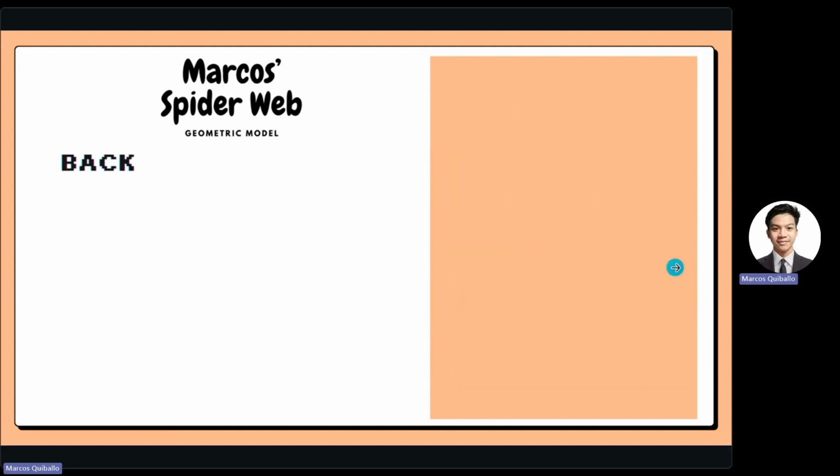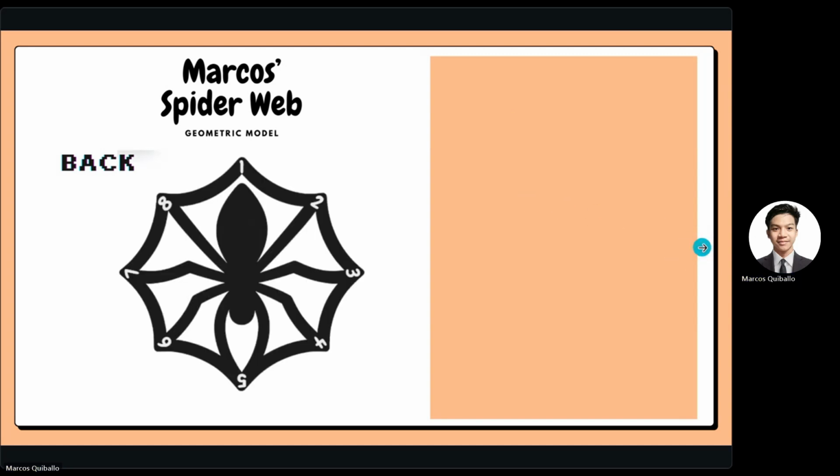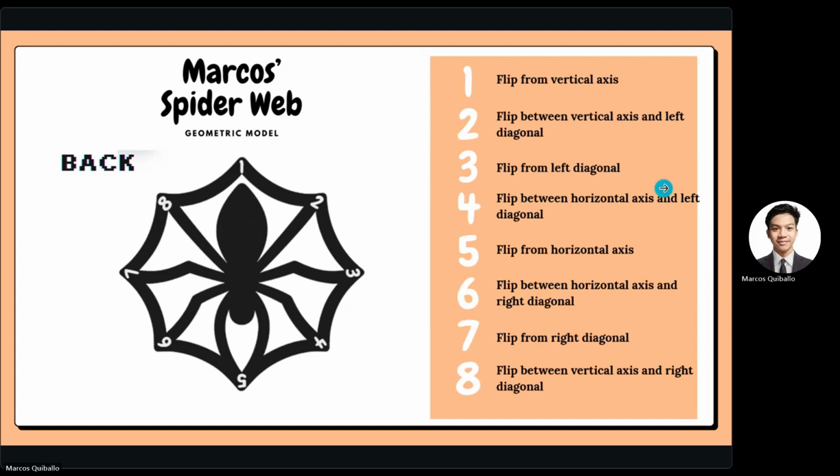For the back of the geometric model, Markov spider web, the movements are: for number 1, it is a flip from the vertical axis. 2 is a flip between the vertical axis and the left diagonal. 3 is a flip from the left diagonal. 4 is a flip between the horizontal axis and the left diagonal. 5 is a flip from the horizontal axis. 6 is a flip between the horizontal axis and the right diagonal. 7 is a flip from the right diagonal.